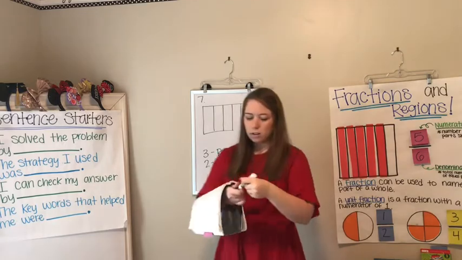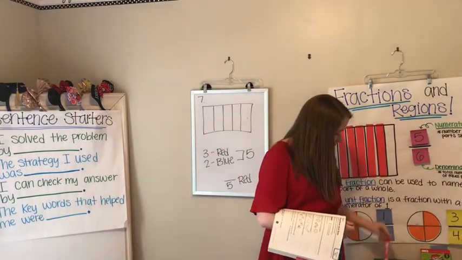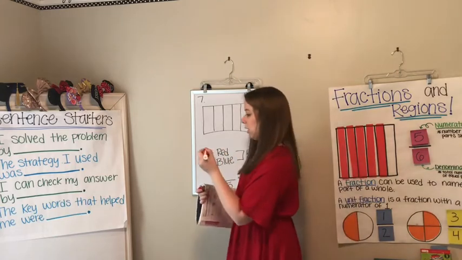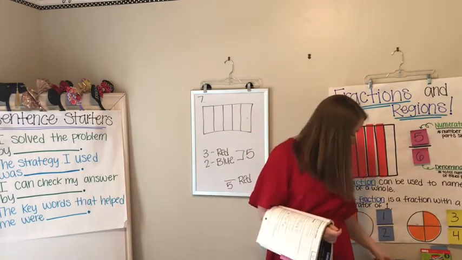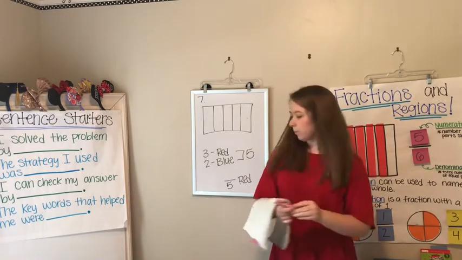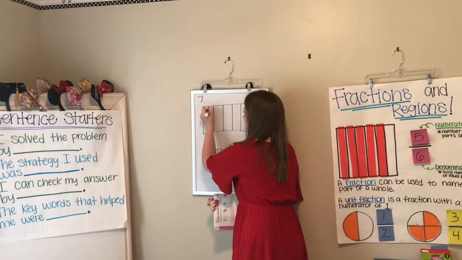And then, I'm just going to color it in because that helps me a lot. And I don't know if my red marker is working. I don't think it is. It is not. So I'm going to use my pink one because that's pretty close. And shade in 3 of them because that's what we're looking at.